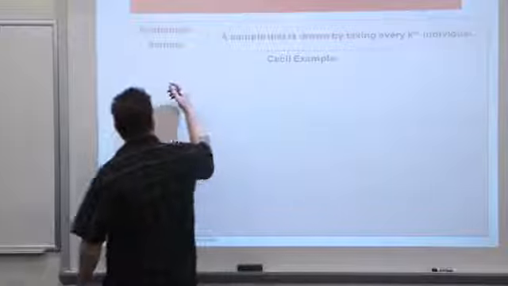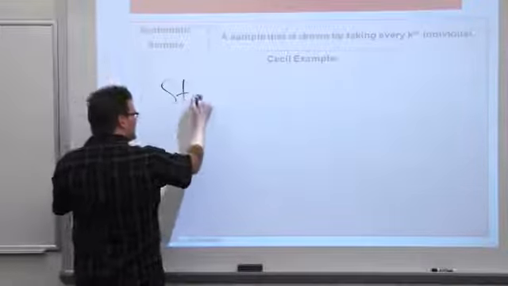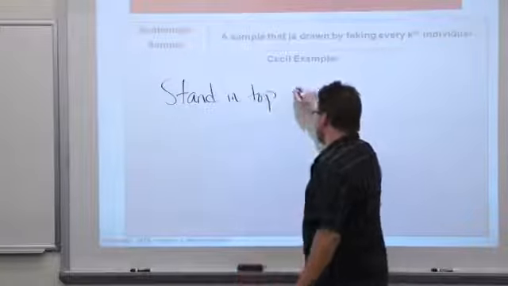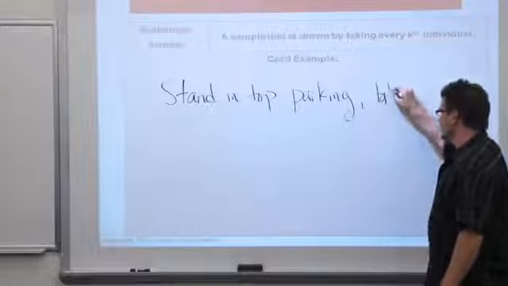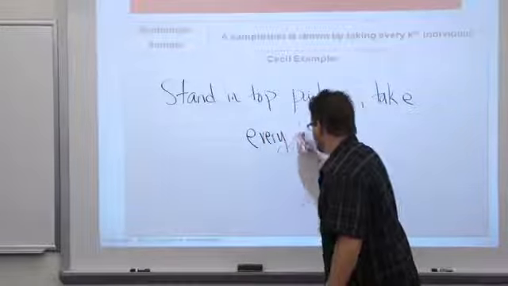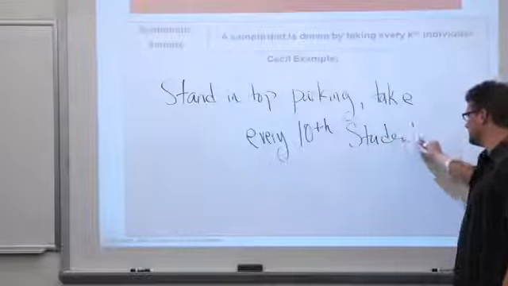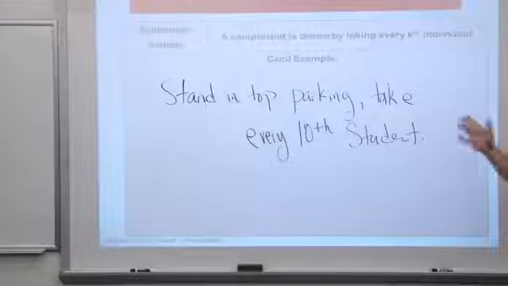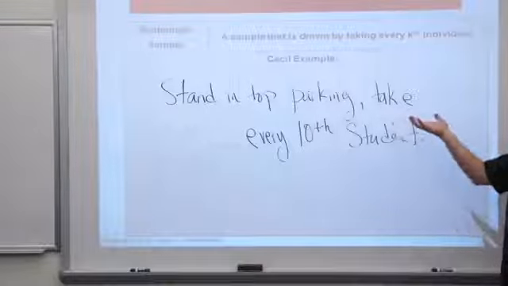So for the Cecil example, one way to do this, I'm not saying this is the only way, but we can stand in the top parking lot. Take, for instance, every 10th student. When you don't have a frame, this is a great way to collect a random sample, a semi-random sample.